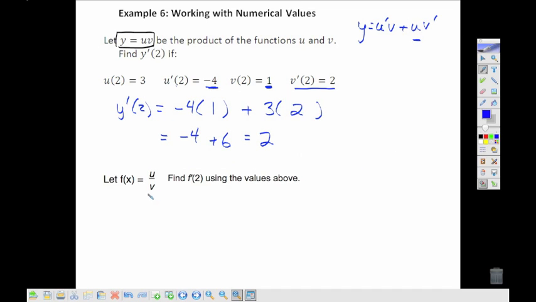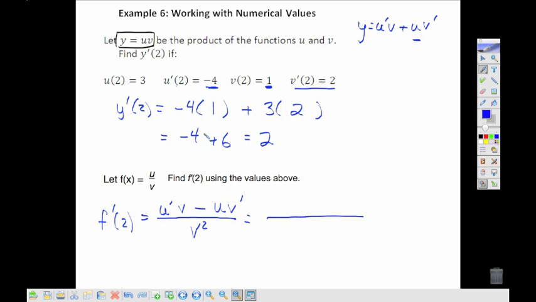We can do the same thing with the quotient rule, only this time we're going to rewrite our rule. Think about this as the derivative of the top times the bottom minus the top times the derivative of the bottom all over the bottom squared. So if we're looking for f prime at 2, we need to plug those values in. I left these 2's off of here, but we know that they belong there.